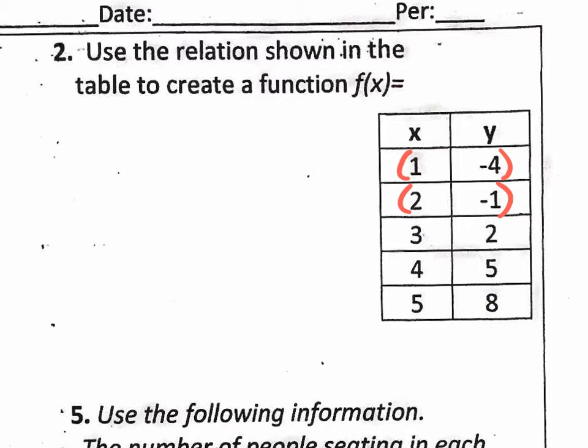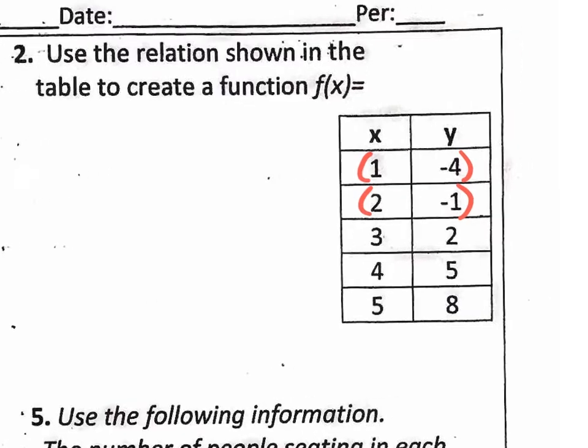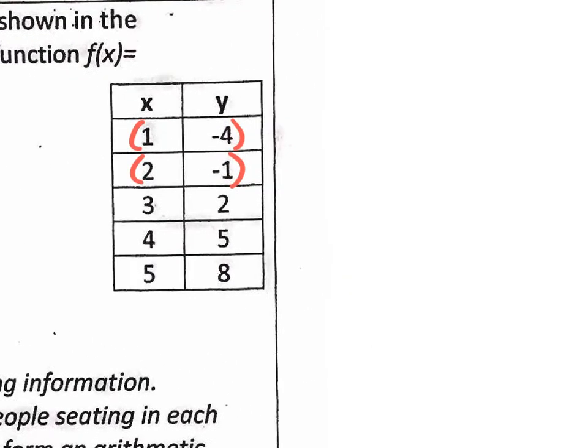So you have a bunch of coordinates, and what you're going to do is use these 2 coordinates. Let me write them over again right here: the coordinate 1, comma, negative 4, and the coordinate 2, comma, negative 1. You could label them xy, xy. This is your first point, this is your second point, and you could find the slope using the slope formula again.